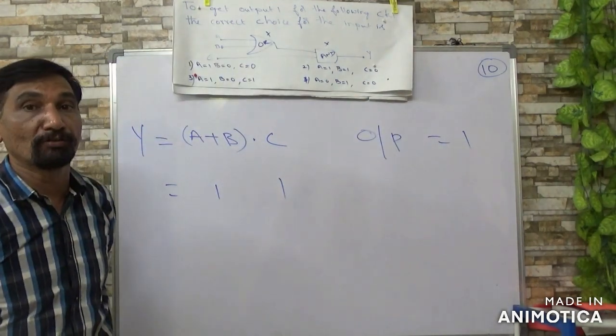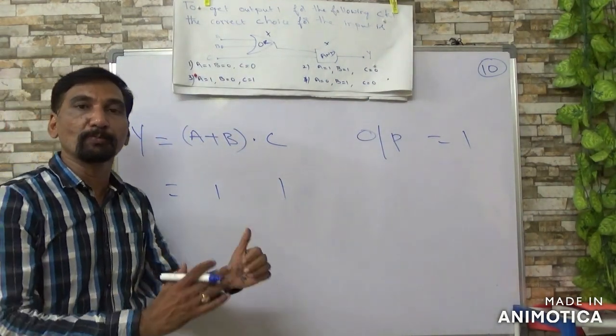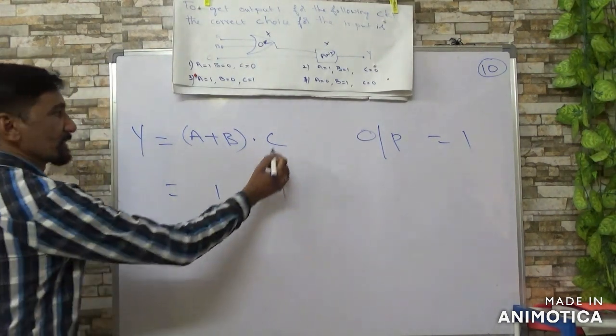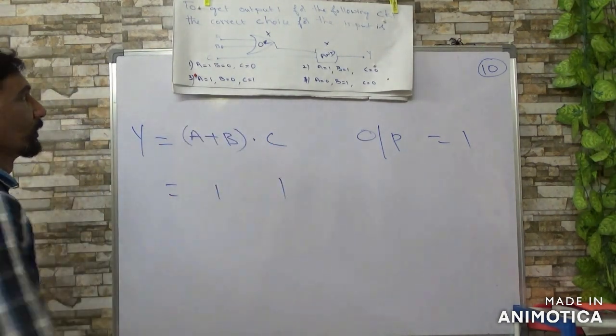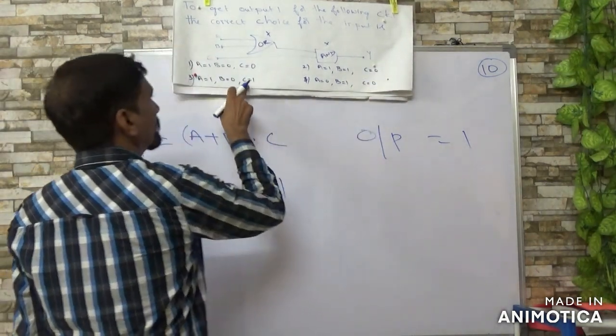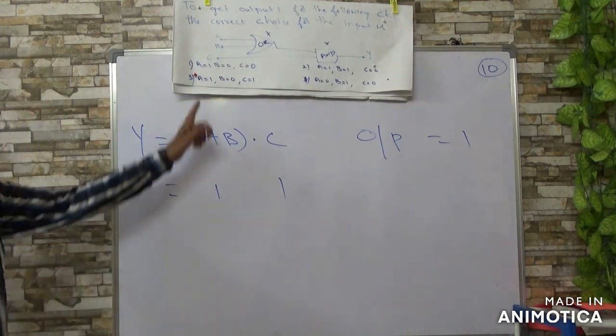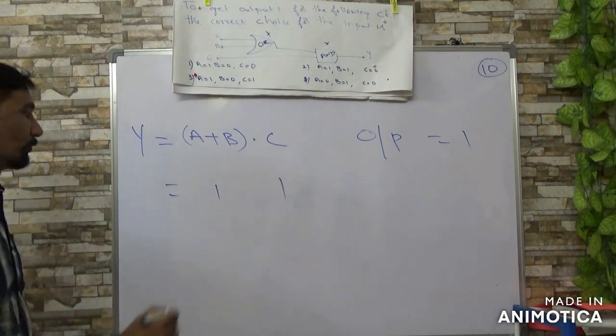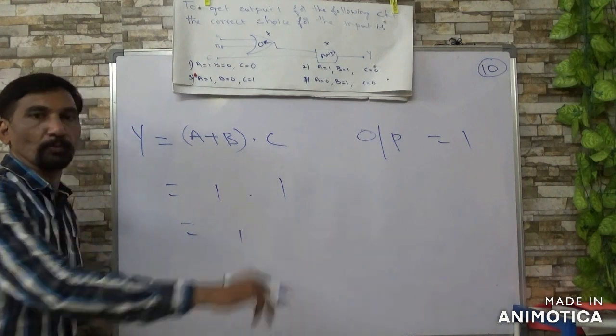So what is the condition of an AND gate? Unless the two inputs are 1, there is no output. So that is why C must be 1. So when you look at the options, C is 0, 0, 0. So C is 1 only in this case. And A is 1, so 1, 0, 1, 1. So the output is also 1.